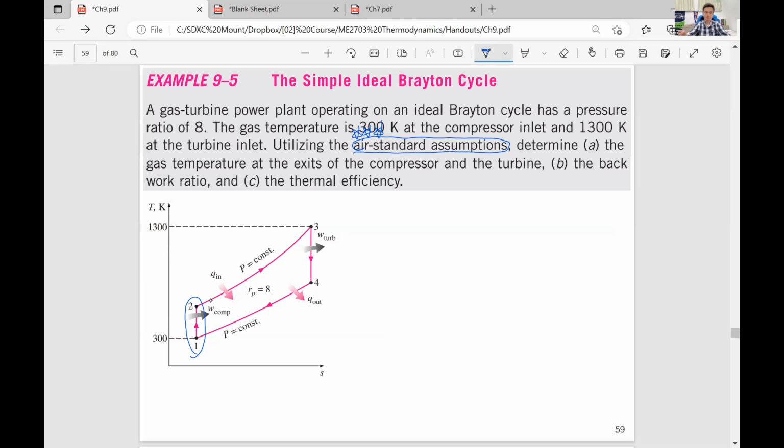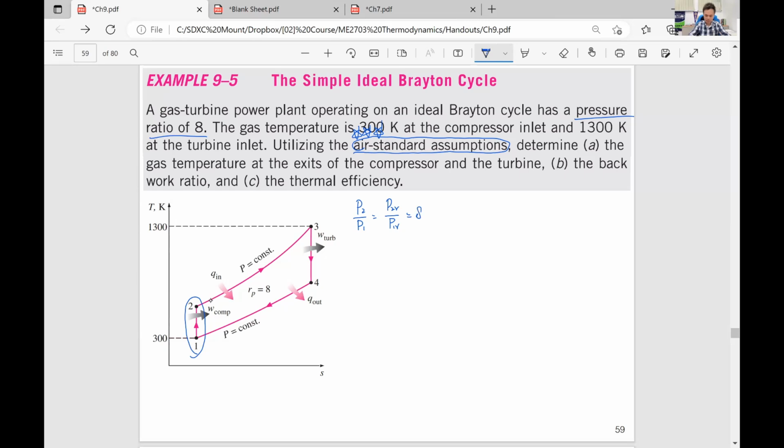So 1 to 2 is an isentropic process, and the pressure ratio is the same as the relative pressure ratio. The pressure ratio in this case is 8.